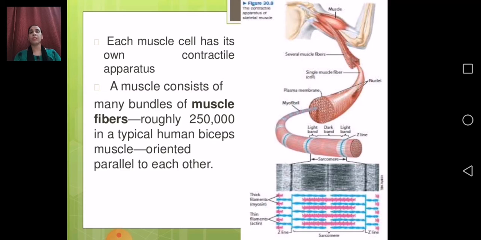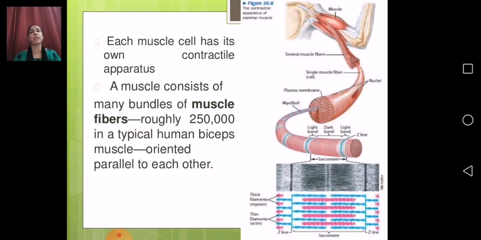Now each muscle cell has its own contractile apparatus. A muscle consists of many bundles of muscle fibers. Roughly, the number of muscle fibers is 250,000 in a typical human bicep muscle, oriented parallel to each other.